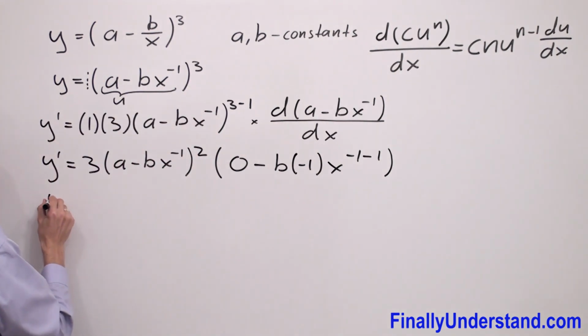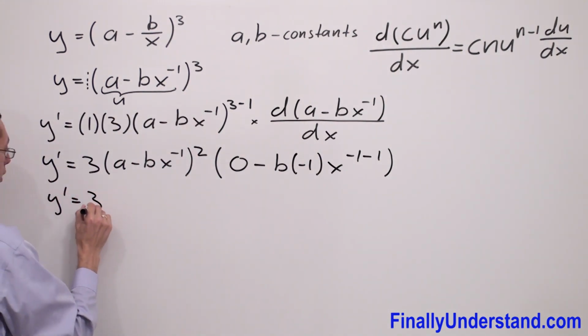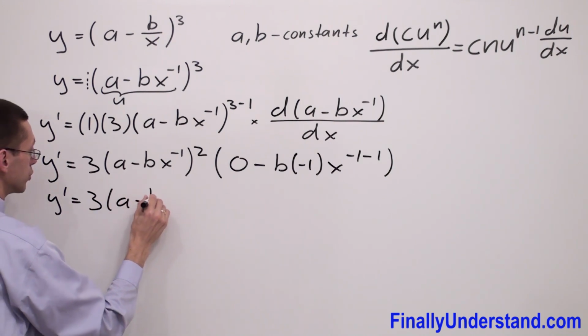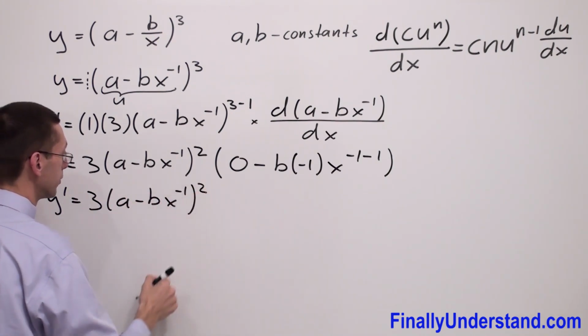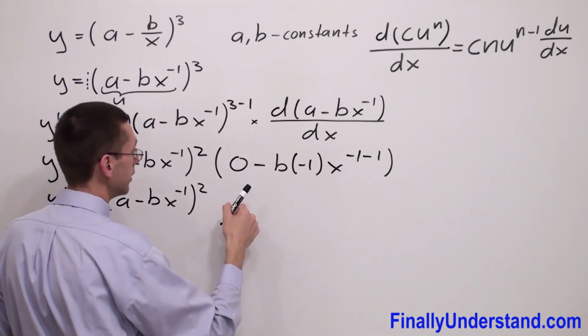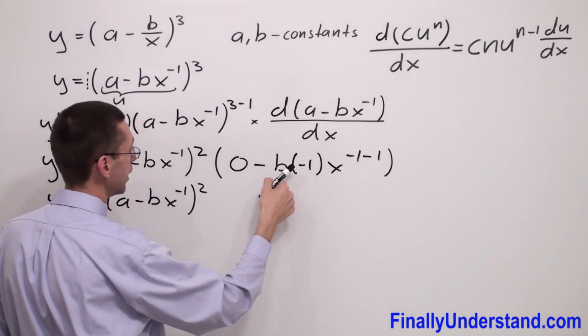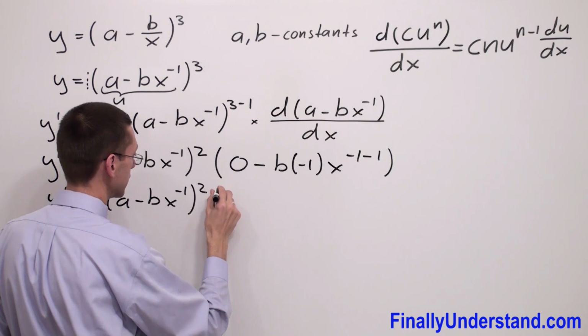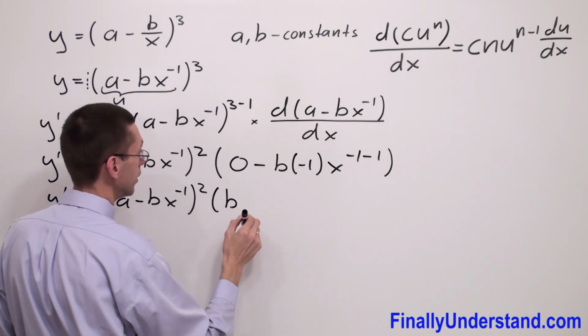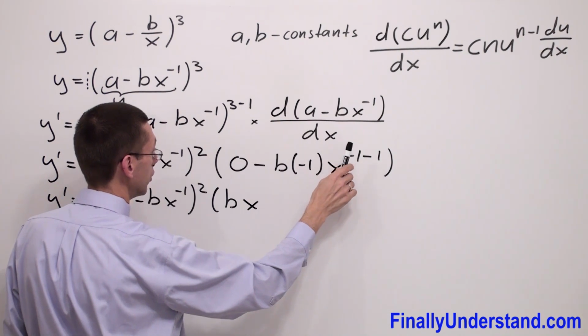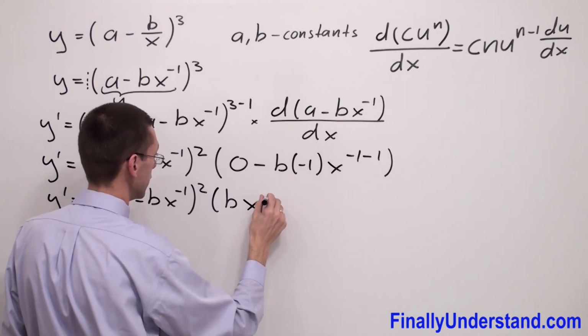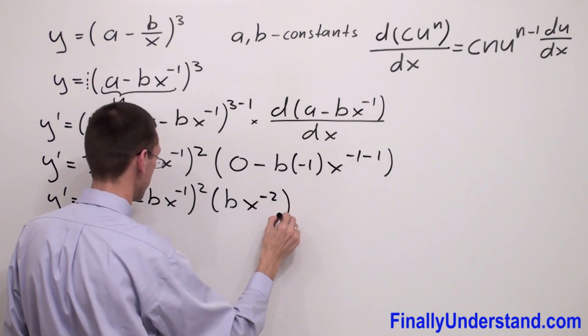So I have y prime is equal to 3 times (a minus bx to the negative 1) to the second power, and I have negative b times negative 1, which is just b, and I have x, negative 1 minus 1 is negative 2.